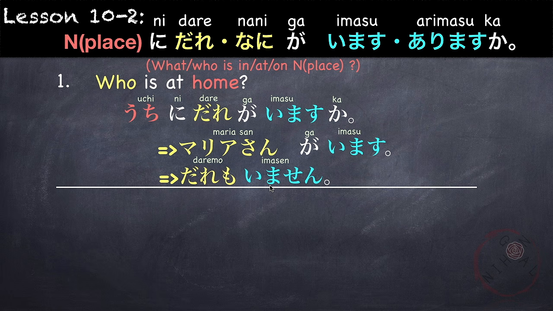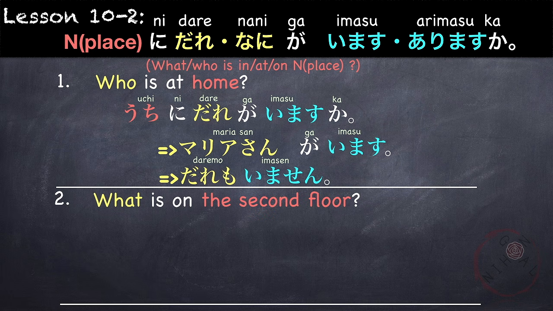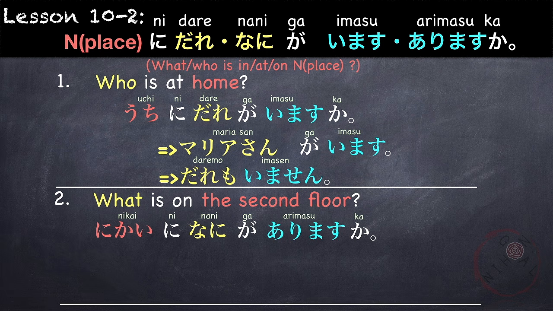Another example, what is on the second floor? The second floor is 2階. Ni. What? Nani ga arimasu ka? 2階に何がありますか?